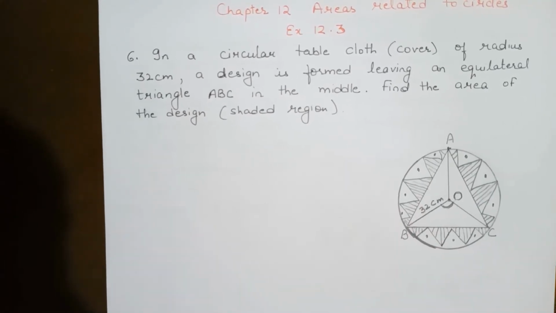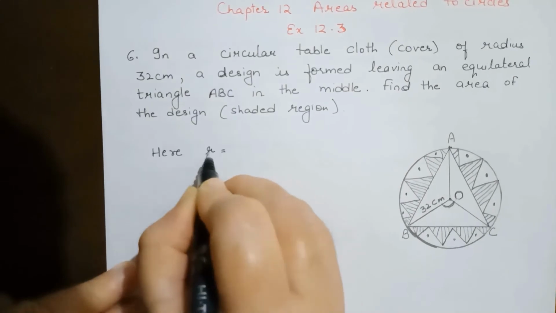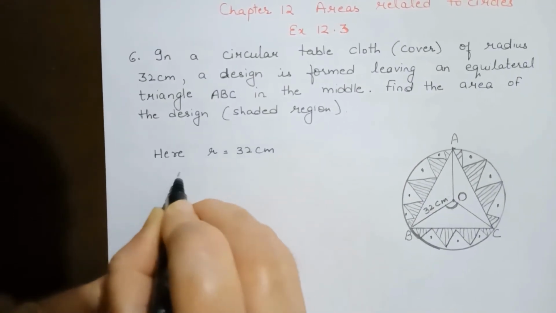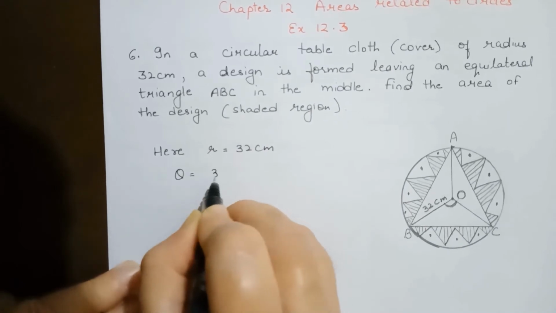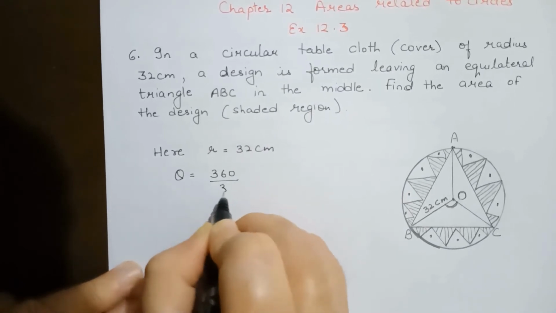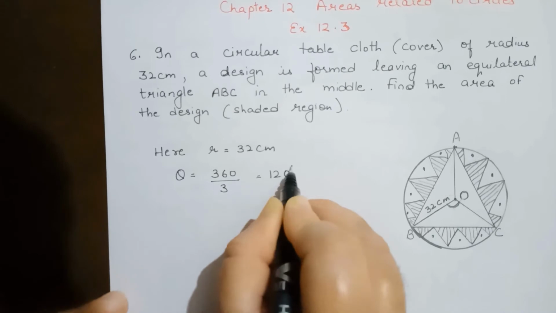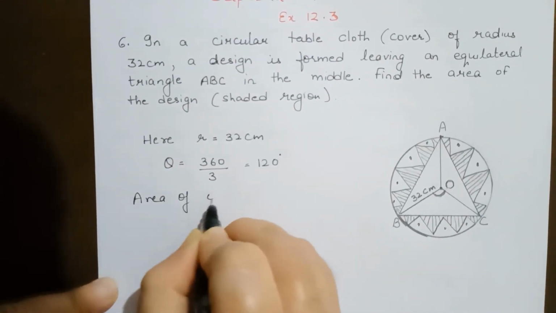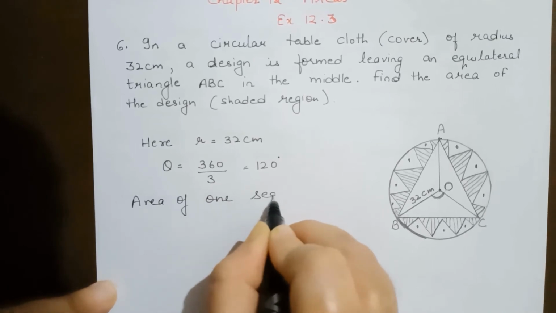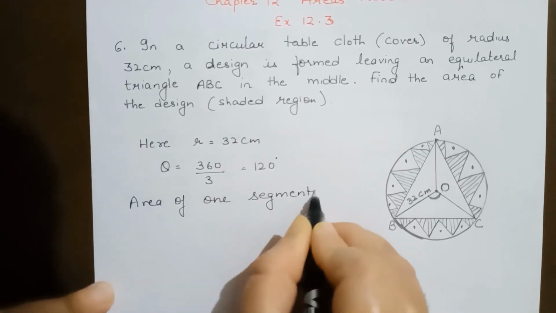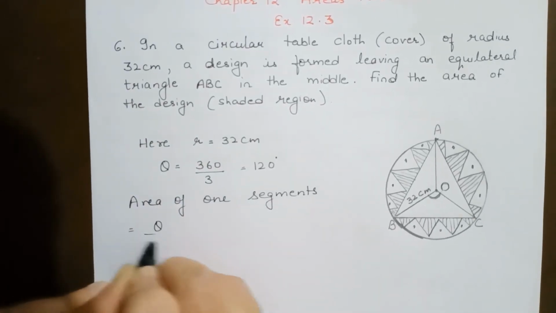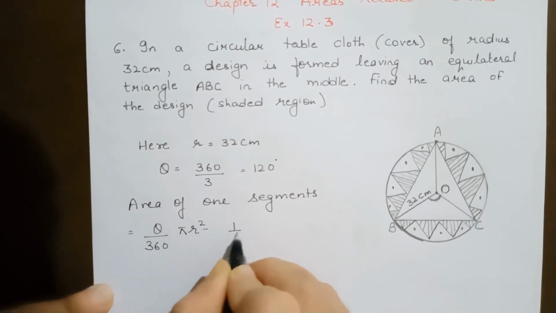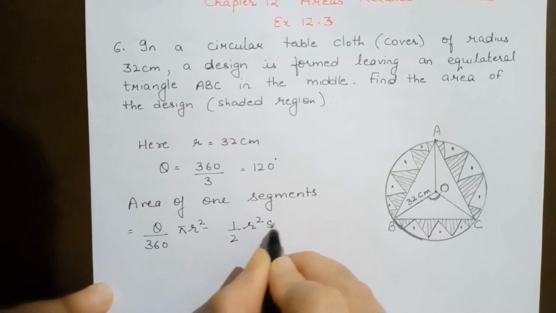So let us start. We can write here R is equal to 32 centimeter and theta is 360 by 3, that is 120 degree. Now area of one segment. We have three equal segments here. The area is given by area of sector minus area of triangle.